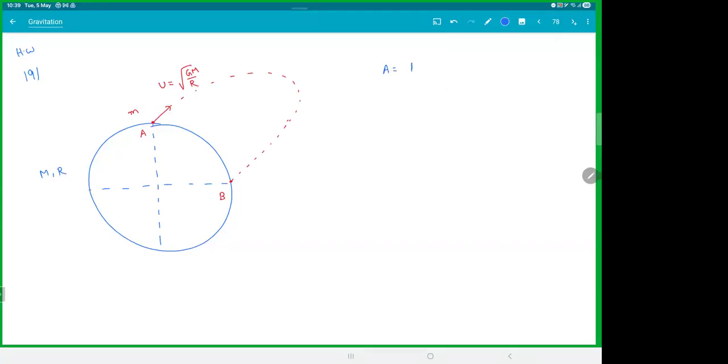A is the pole, B is at the equator. What angle? Not given. A particle launched from the pole lands at the equator. Find the time taken.